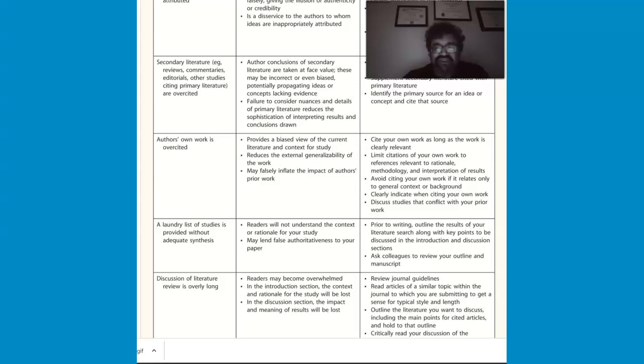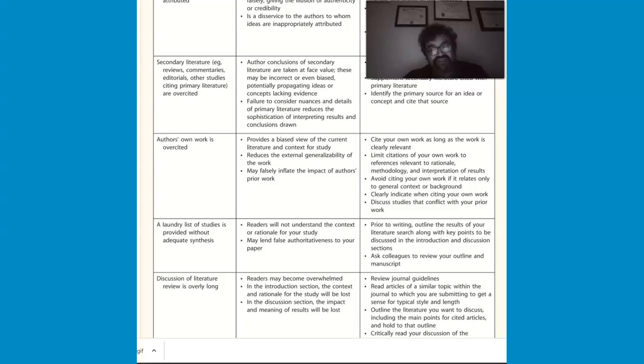So you don't want to be citing your own self in methodology or context or background. Some areas you're good. For instance, if you're in the discussion and you want to say this was previously studied by yourself and colleagues, you can kind of use some of that, but oversighting is not ever ideal.